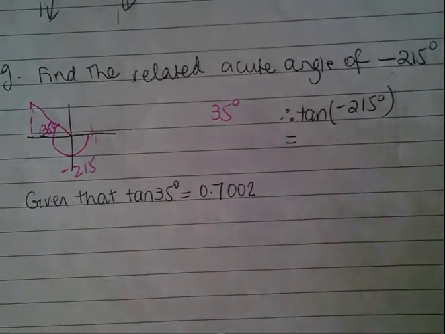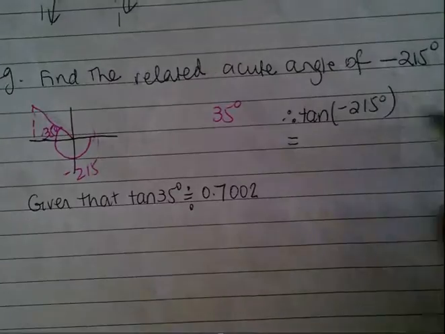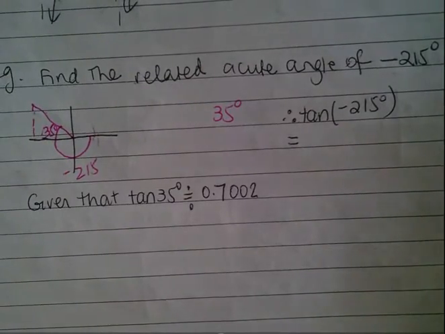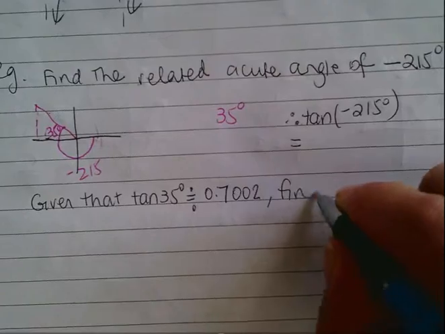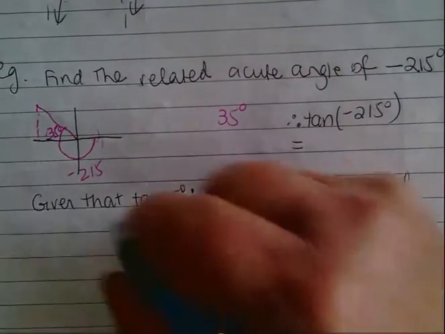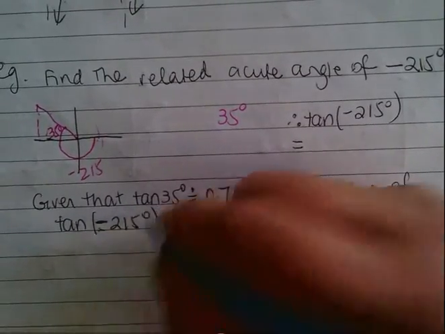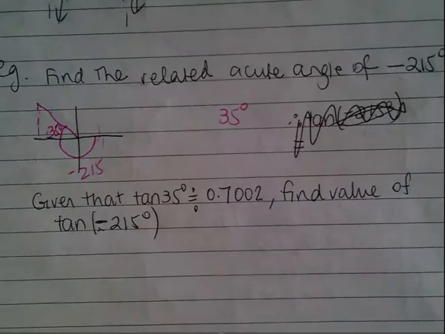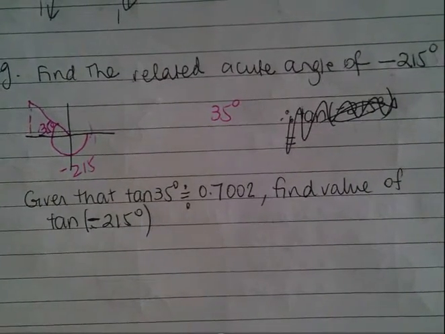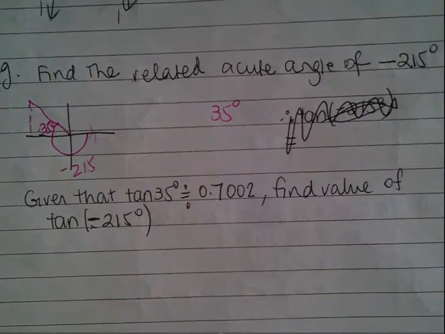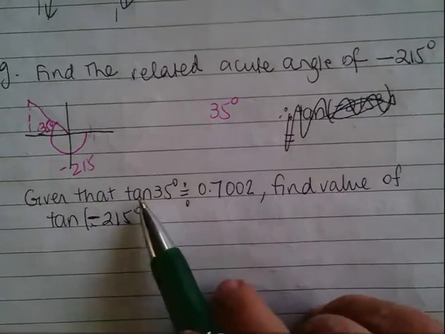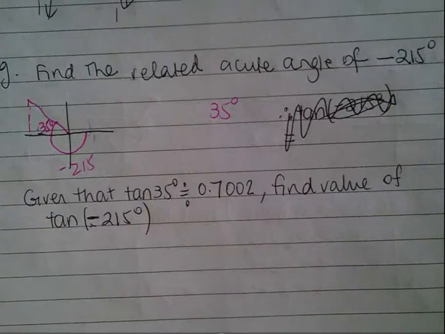Given that tan of 35 is approximately equal to 0.7002, I want you to find the value of tan of negative 215 degrees. This is like one of those challenge questions. The reason we give you tan of 35 is it's not an exact value. Because we're not asking tan 30, 45 or 60, if it's any other value apart from those, they'll have to give it to you.